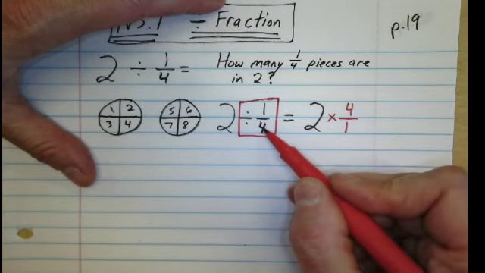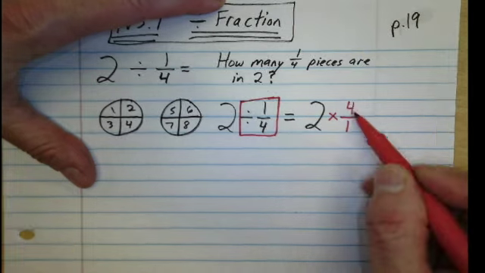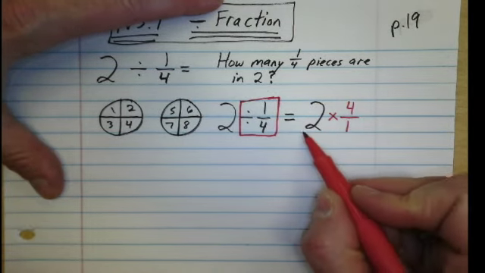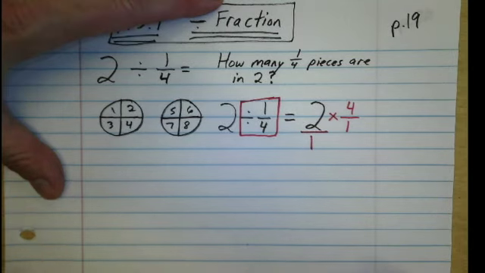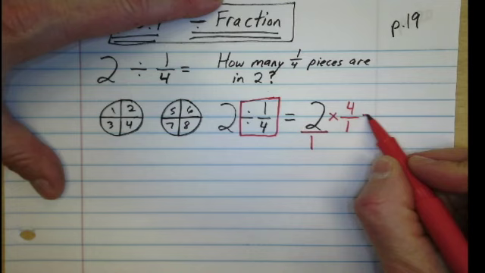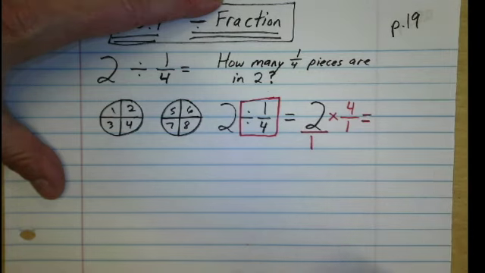So 1/4's reciprocal is like flipping these around, and you multiply by 4 over 1. And so 2 is like putting 2 over 1, and you multiply by 4 over 1, just like we learned in the last lesson on multiplying fractions.